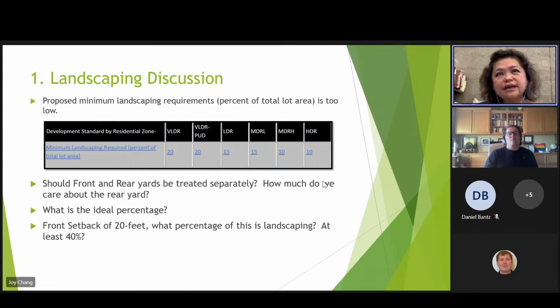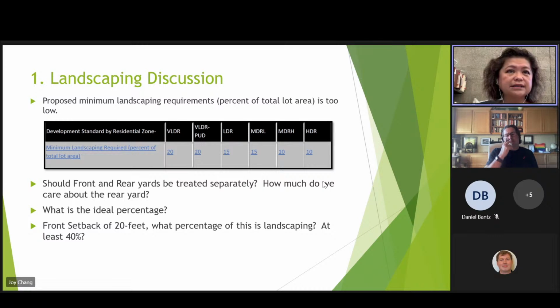So again, the landscaping discussion that they identified: it was identified that the proposed minimum landscape requirement is too low. This is exactly what we're proposing at this time, anywhere from 10 to 20 percent, depending on the specific land use designation.